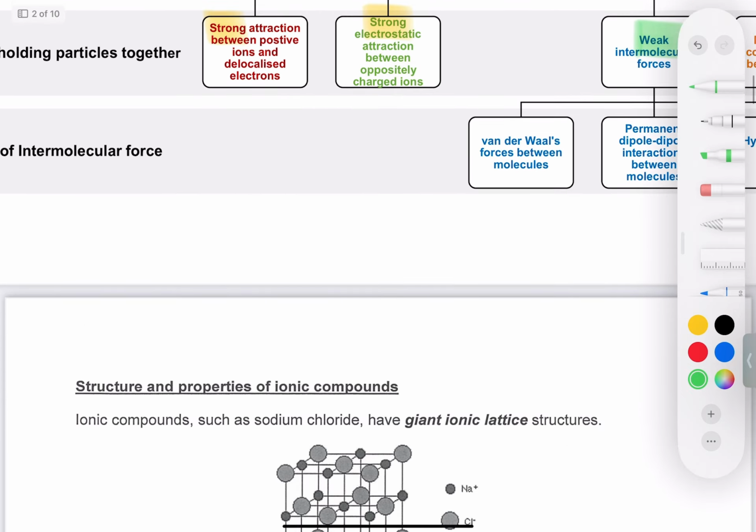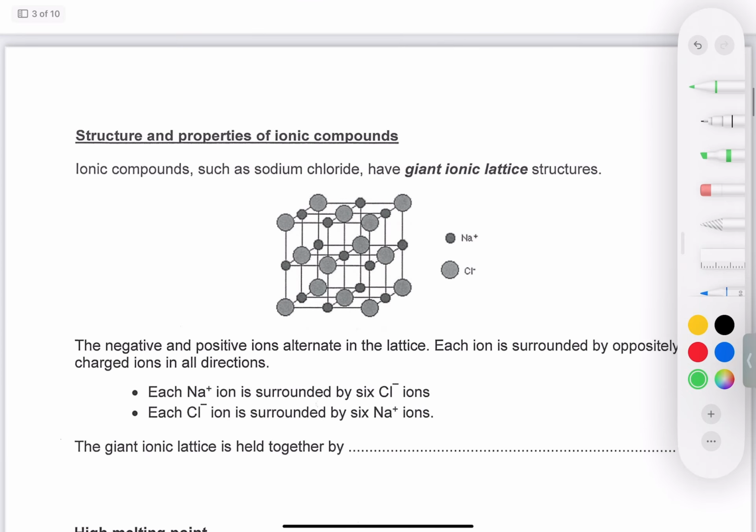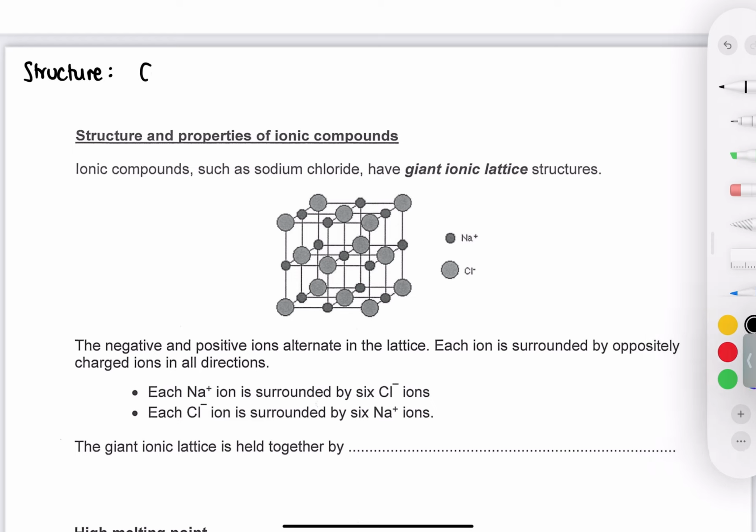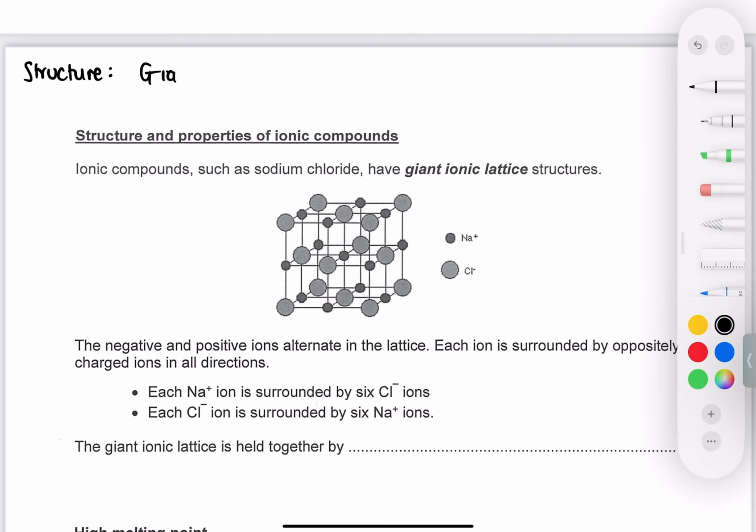So if we were to just make a little note of that, we have our structure for this page is giant ionic lattice. Our bonding is ionic.